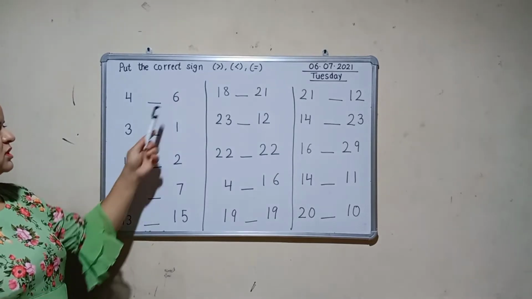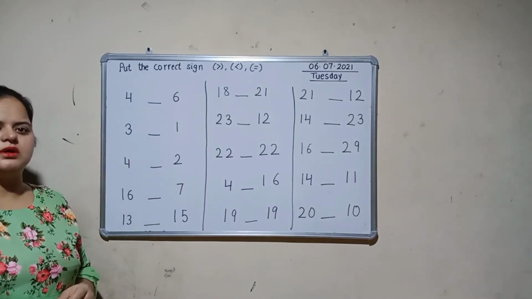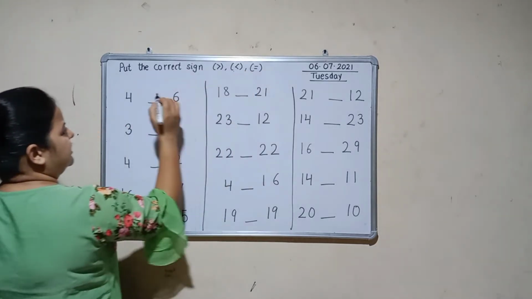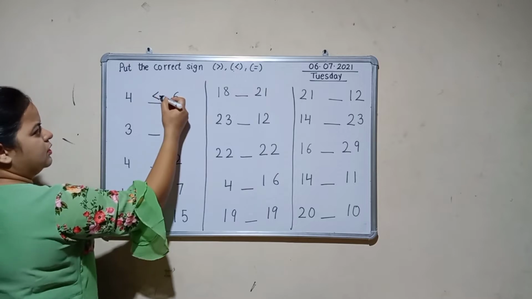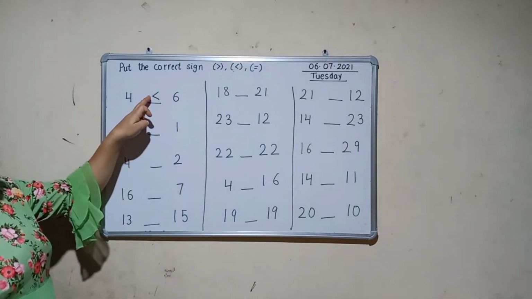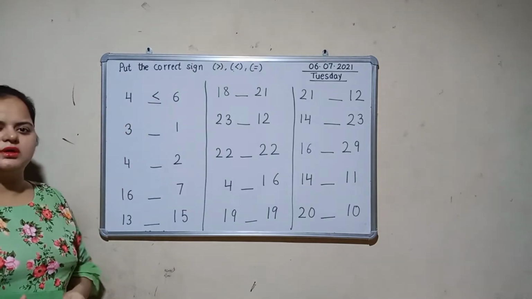So 6 is the greater number and 4 is the smaller number. So we will use this sign here. The open side faces the greater number and the pointer side, the closer side, faces the smaller number.